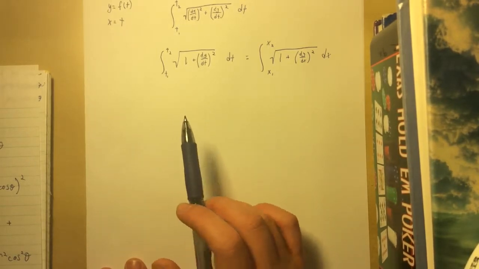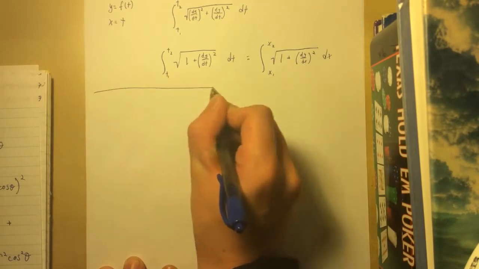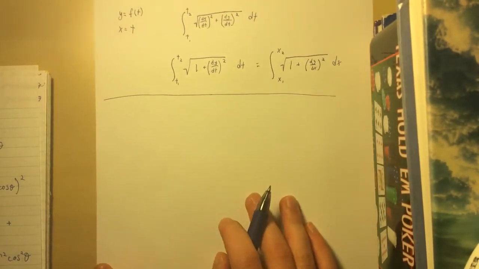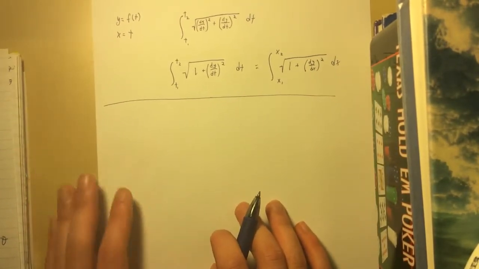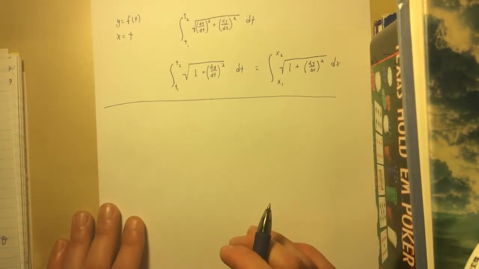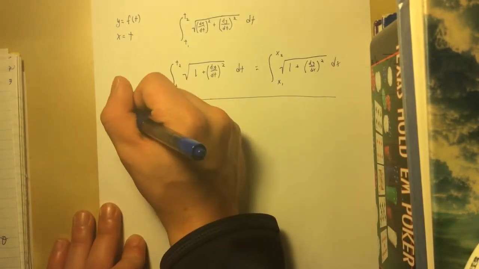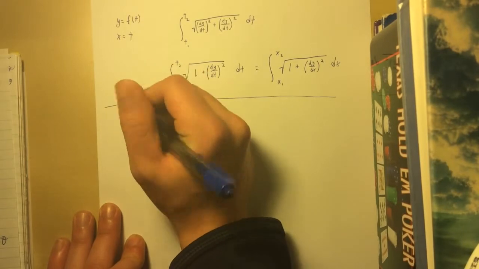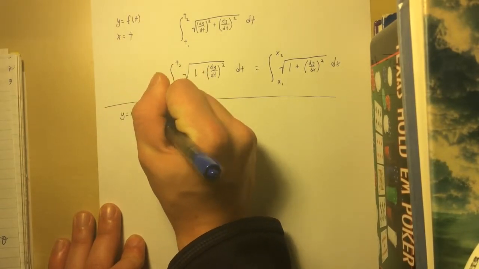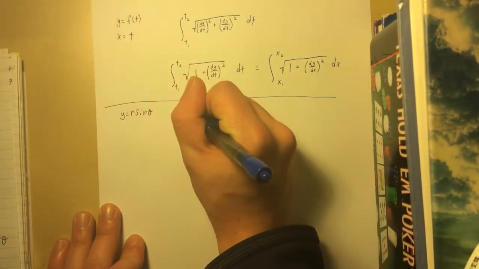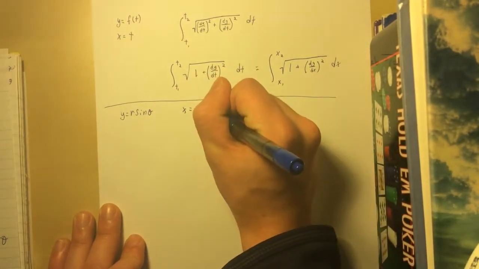That sounds long and messy, but it turns out to be nice, especially with polars. We already know the parametric equations for polars: y equals r sine theta, and x equals r cosine theta.